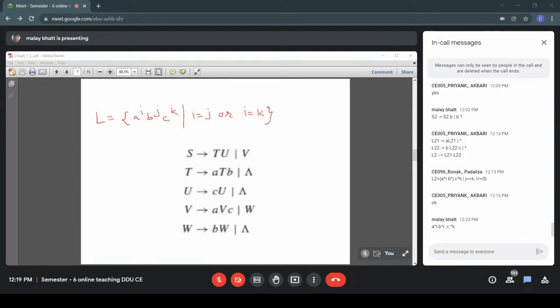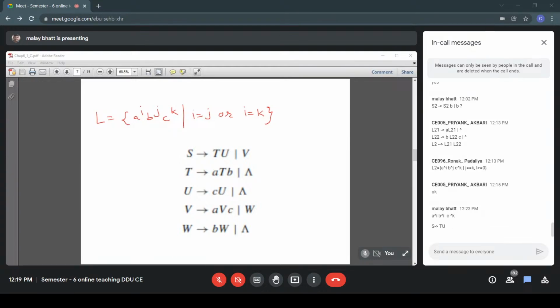So can you tell what is the role of S gives TU here? What is the purpose of this S gives TU? So can I say this T is equal to S11 and U is acting as S12, because this is your L1 language. i equal to j is your L1 language.